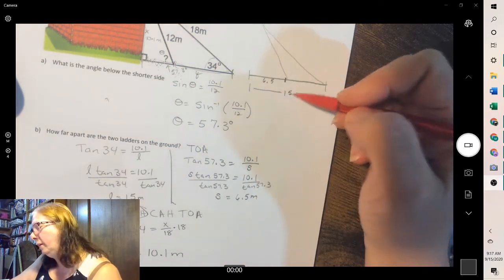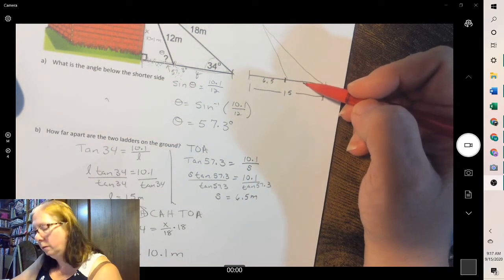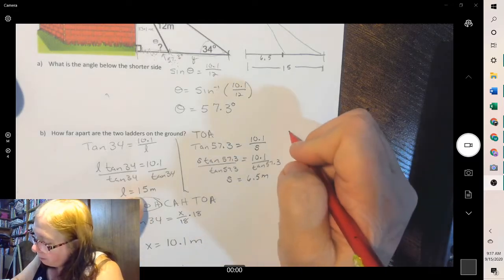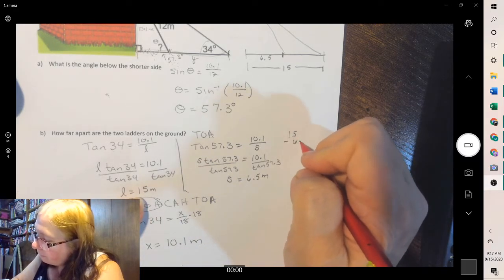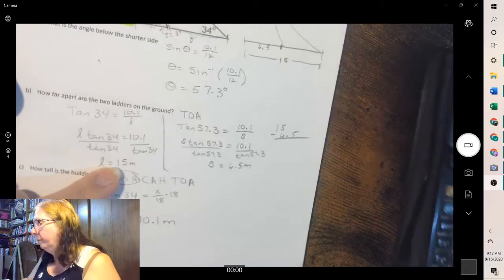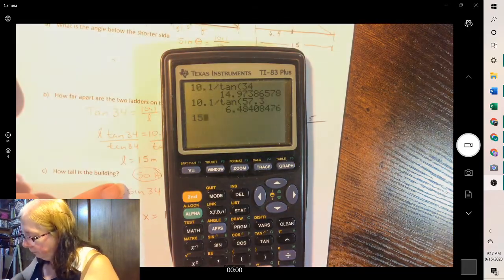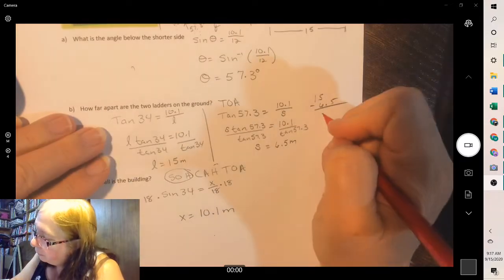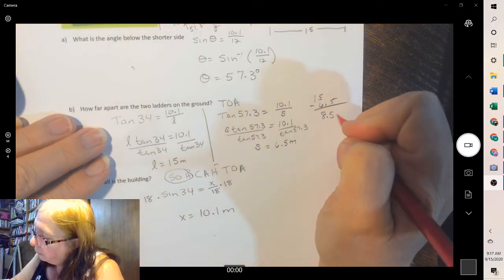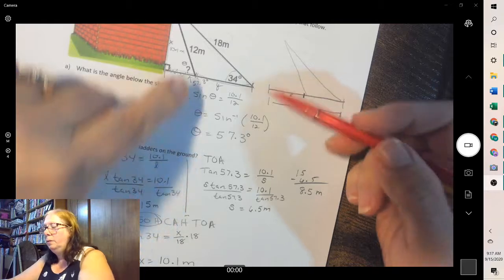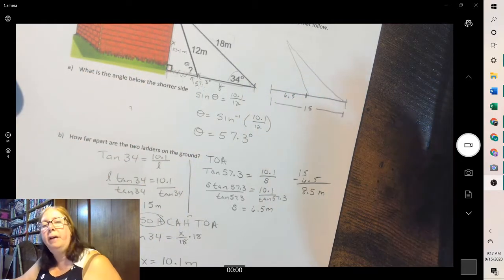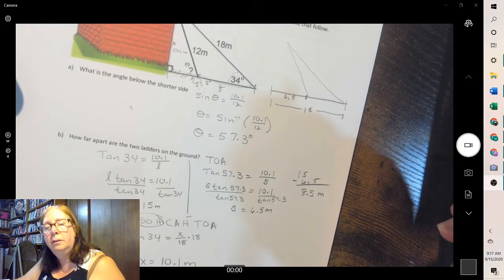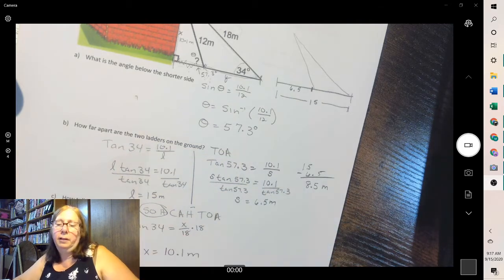So if we subtract these, it will tell us what this value is. And we get 8.5. So the distance between the ladders is 8.5 meters. And that's all for today.